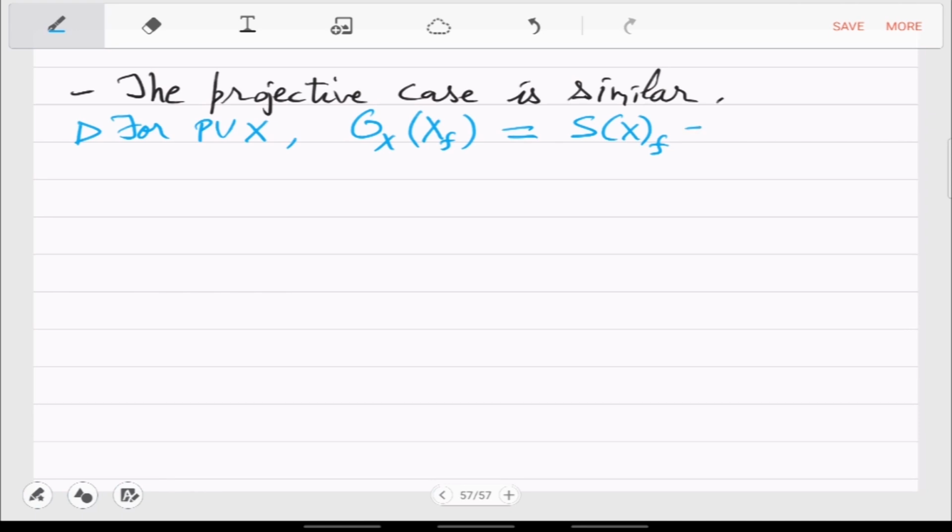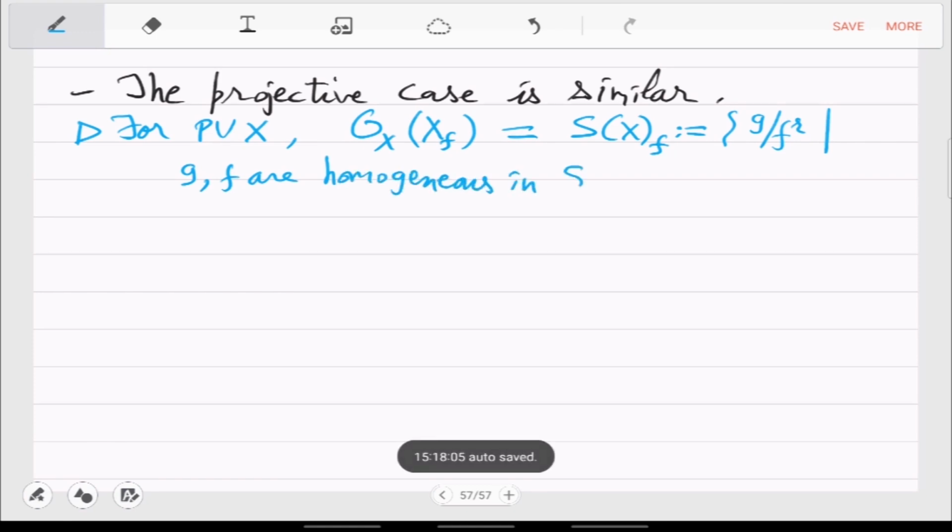So, this is basically the set of those g over f to the r such that g and f are homogeneous in S, and degree of g is equal to degree of f to the r.